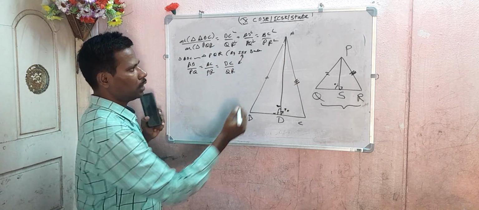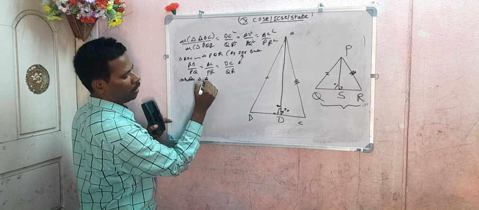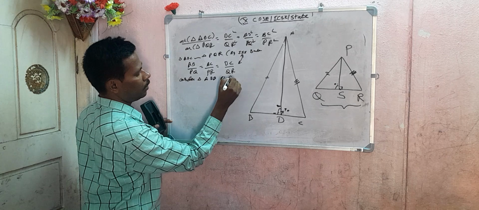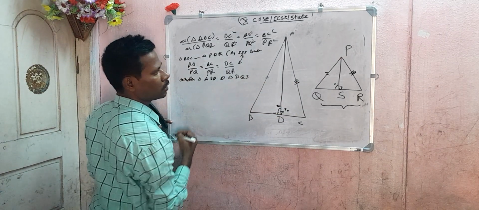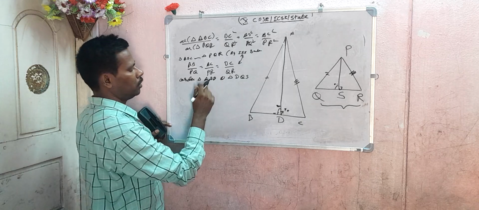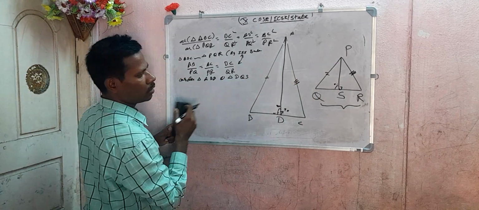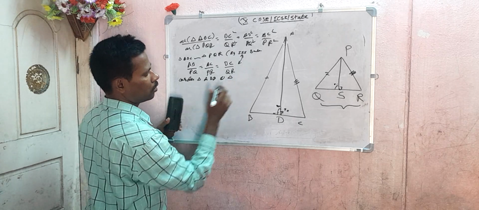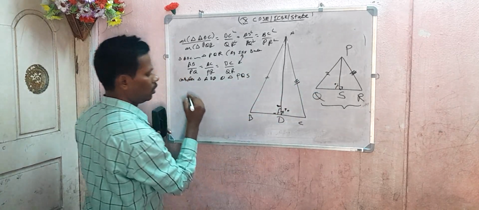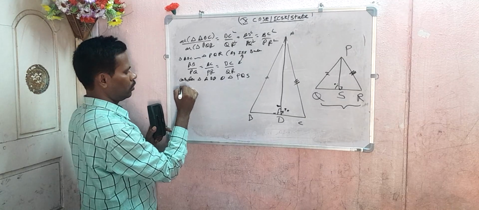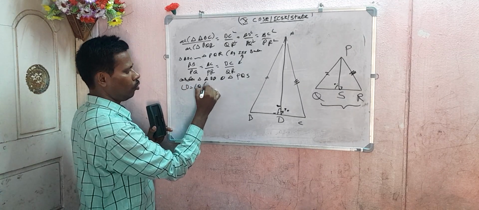Now, consider triangle ABD and triangle PQS. Angle B is equal to angle Q. Why?